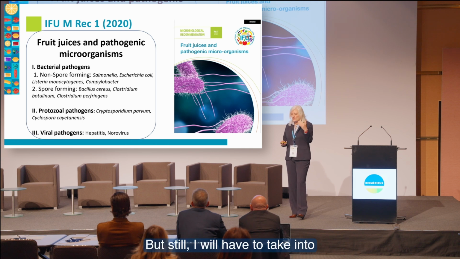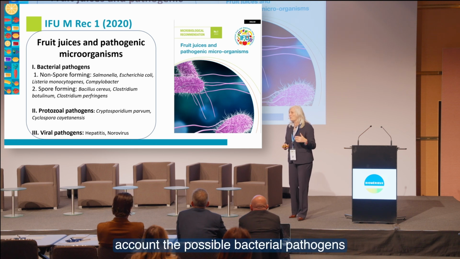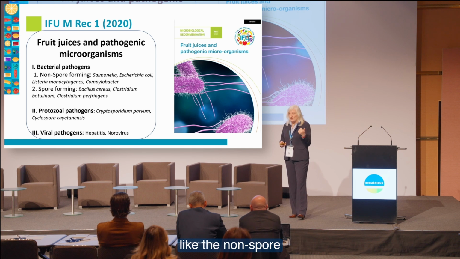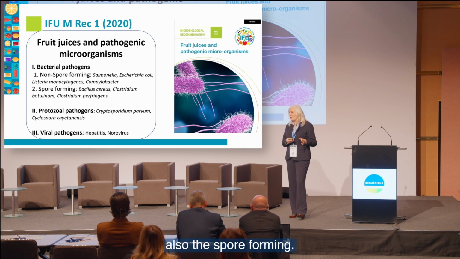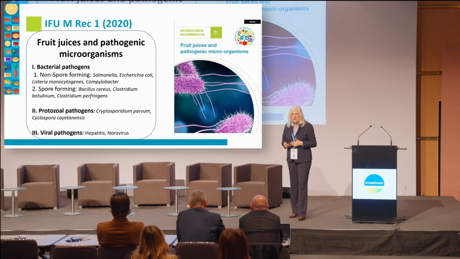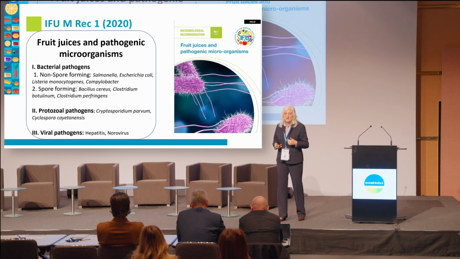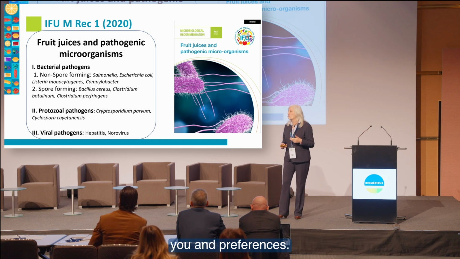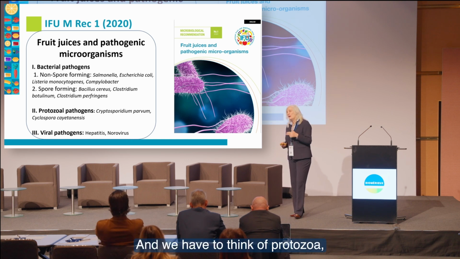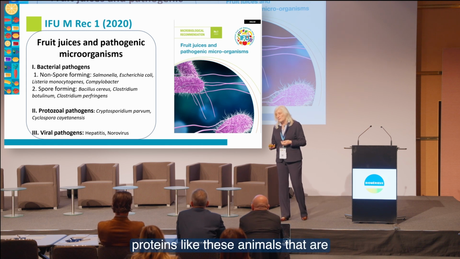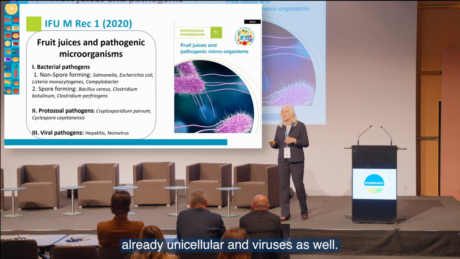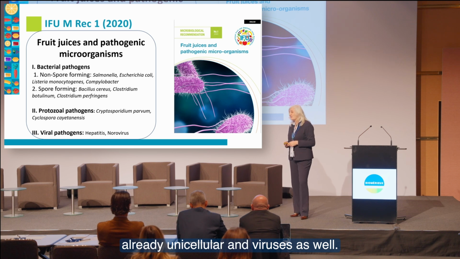But still, we have to take into account the possible bacterial pathogens, like the non-spore formers, like Salmonella, Escherichia, Listeria, Campylobacter, and also the spore formers. Those are a bit more difficult to handle because they can survive the pasteurization. And then we have to think of Bacillus cereus, Clostridium botulinum, and Clostridium perfringens. And we have to also think of protozoal pathogens, like these animals that are unicellular, and viruses as well.